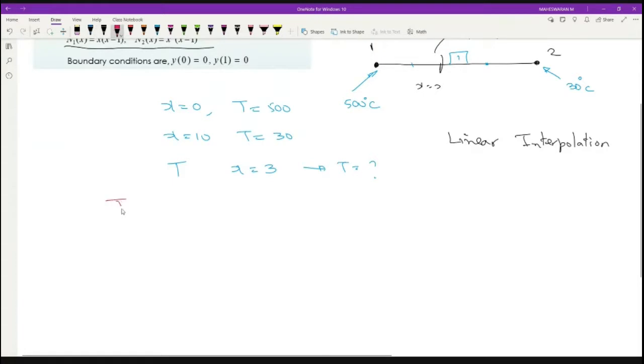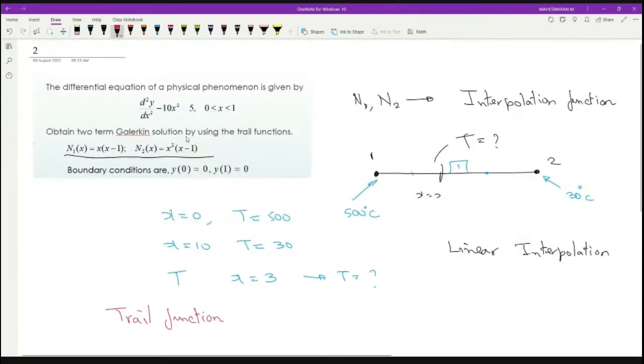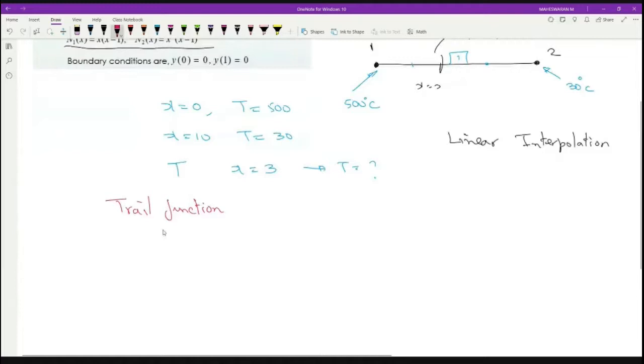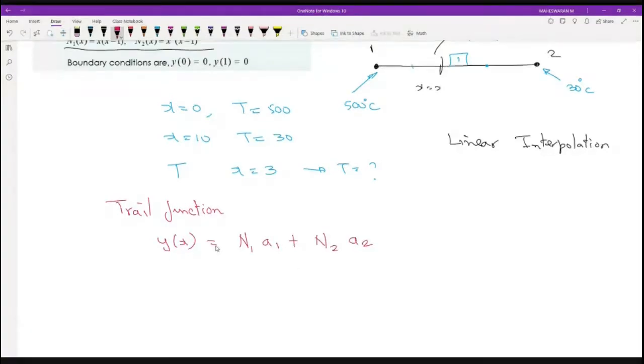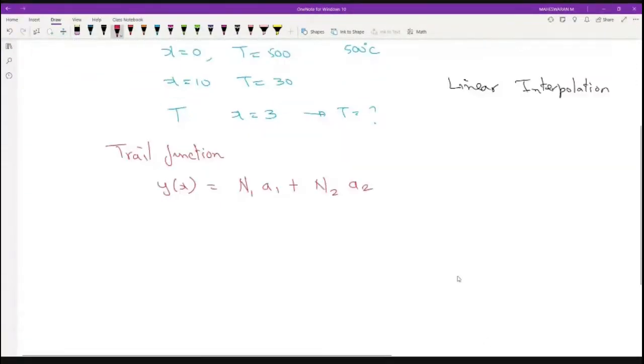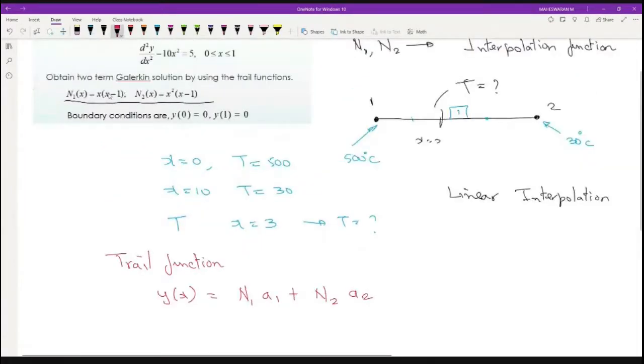So what is my trial function? The trial function is y of x, which is equal to multiplying an interpolation function with a constant, n1 a1 plus n2 a2, where a1 and a2 are constants and n1, n2 are interpolation functions given in your question.